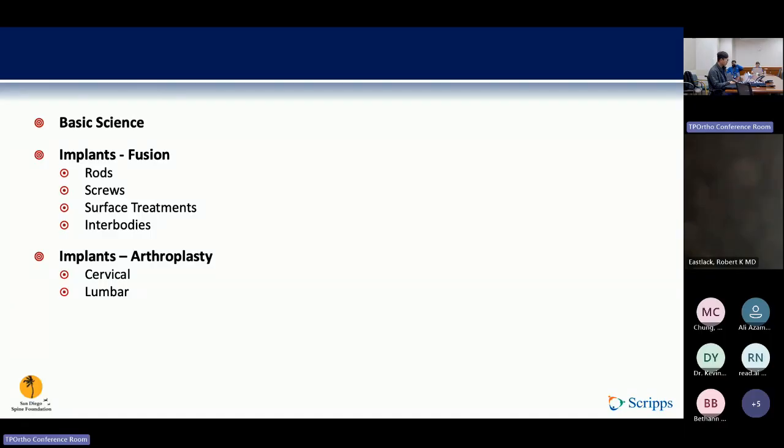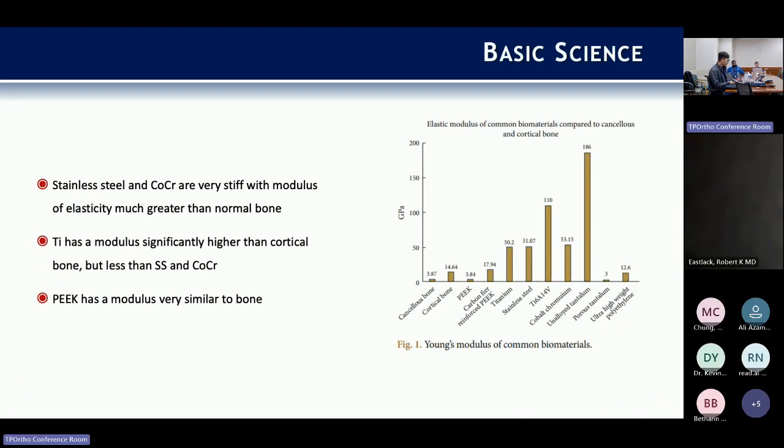Then briefly look at arthroplasty, cervical and lumbar.